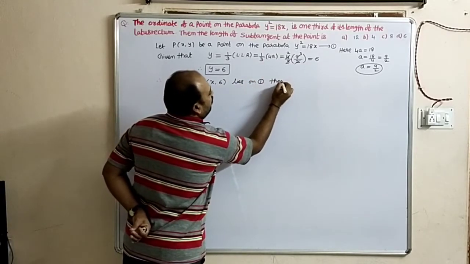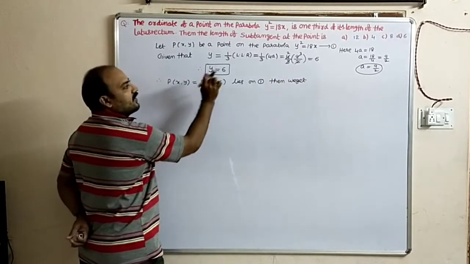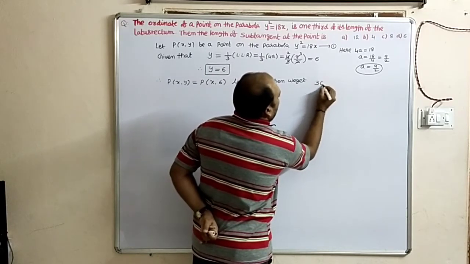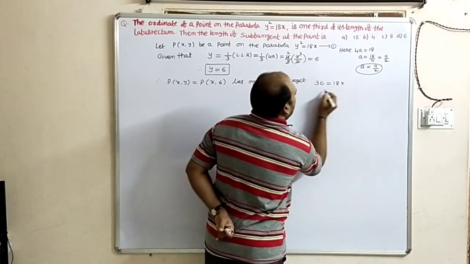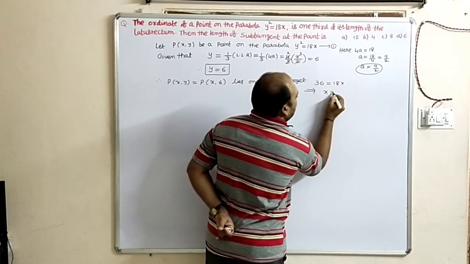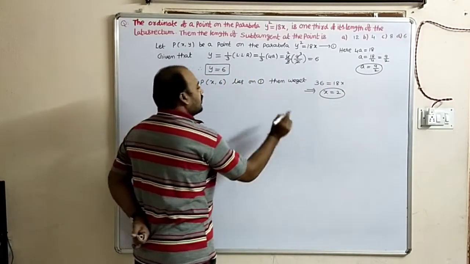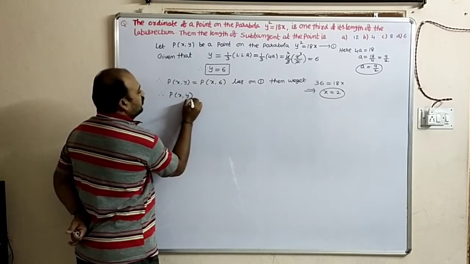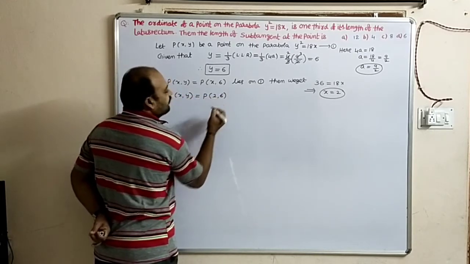Then y square means 6 square, that is 36 equal to 18x. That implies x is equal to 2. So the point P of x comma y is P of 2 comma 6.